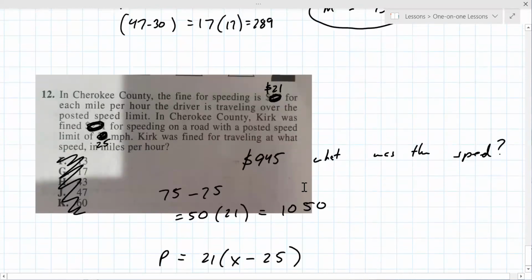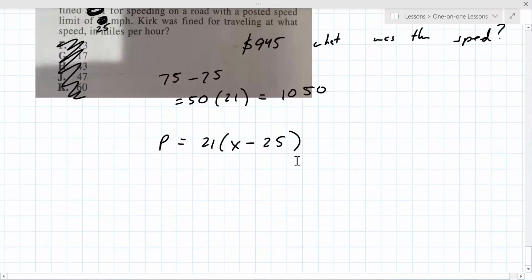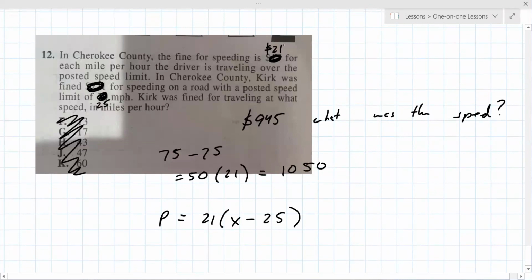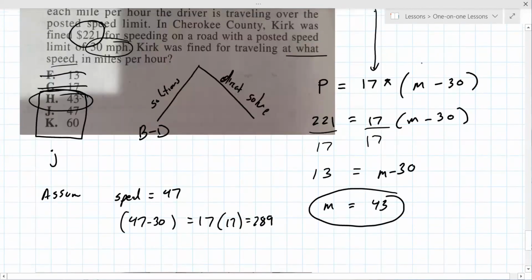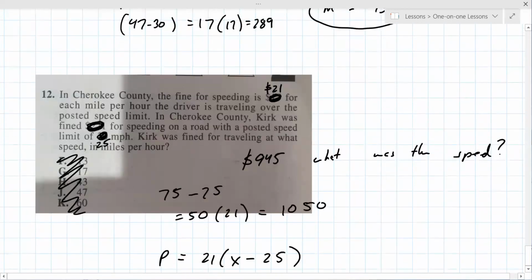It is. 21 is the new speeding price, but this time it's over 25 miles per hour. But last time x was attached to the 21, and then it was m minus whatever. Oh no, this is a multiplier. Sorry, that was unclear. Oh, gotcha. Okay.